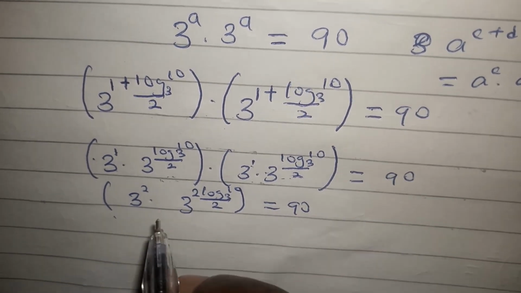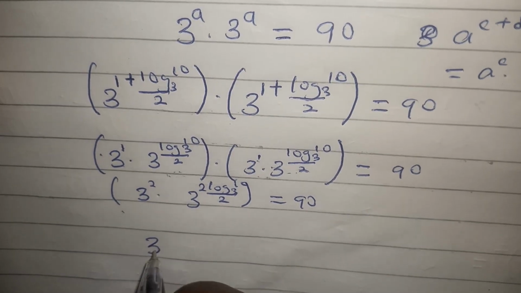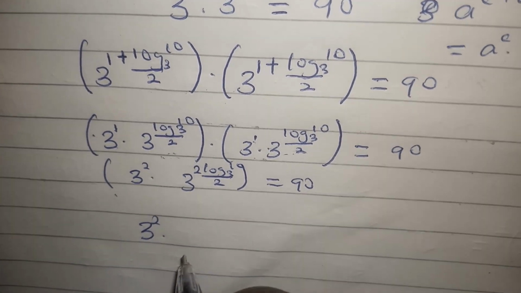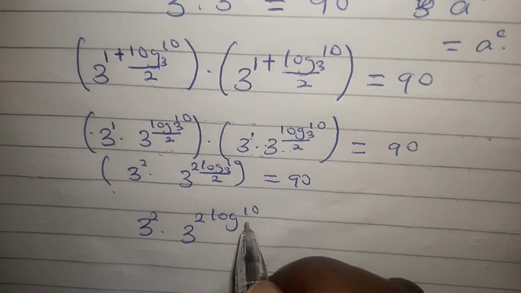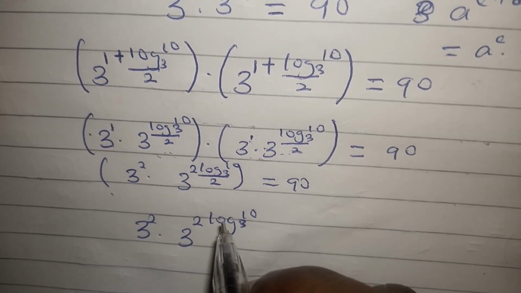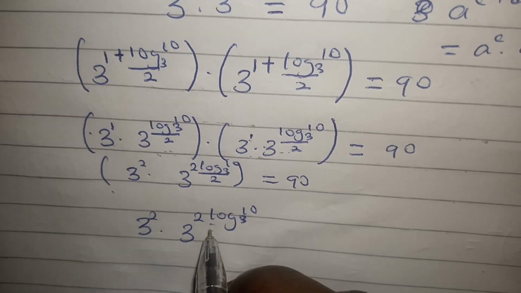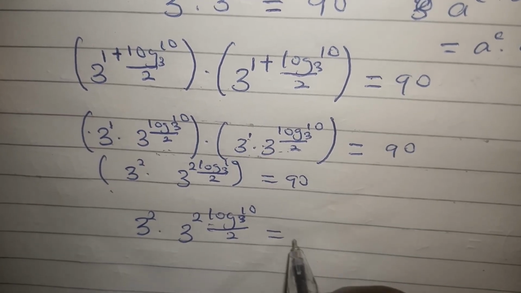So we now have 3 to the power of 2 times 3 to the power of 2 log 10 to base 3, over 2, equals 90.